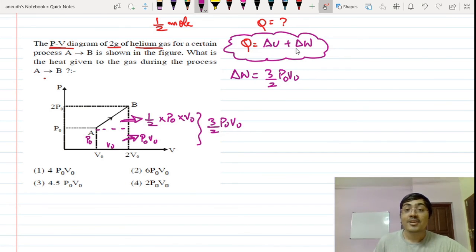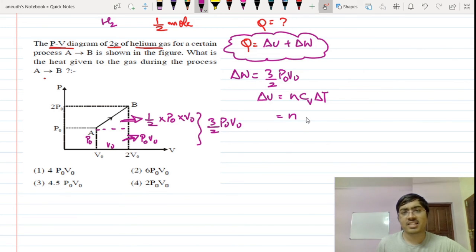Okay, right. But how will I find out delta U? Delta U is n Cv delta T, isn't it? Helium is a monoatomic gas, He. N is half mole.